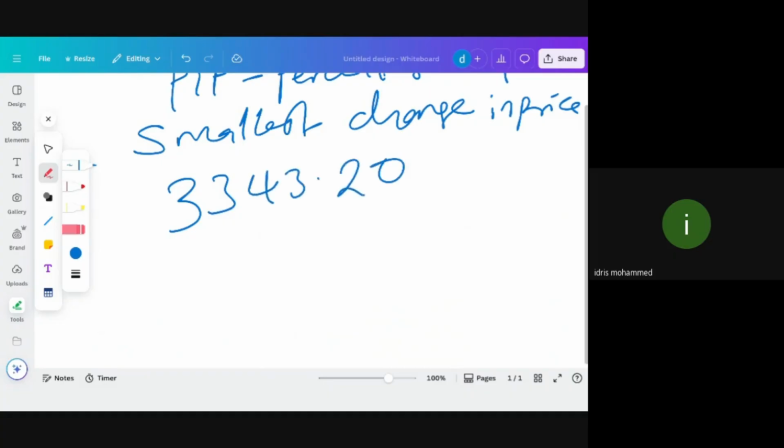The pip is always starting from here before the decimal, because this is 1, 2, 3, 4. But other currency pairs have a number first, then a dot, then decimals. So this one is the pip.